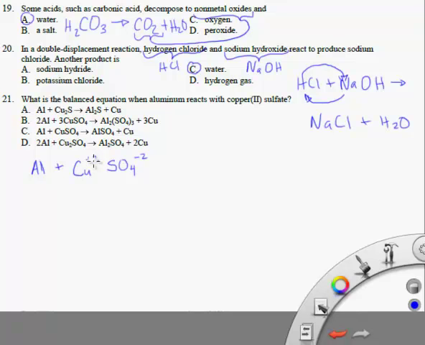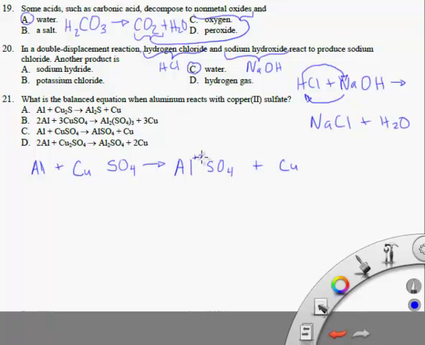We don't need to worry about the charges or the oxidation states in writing the formulas. This is going to form aluminum sulfate, Al SO4, and copper.